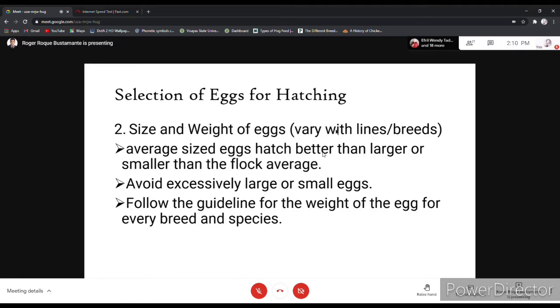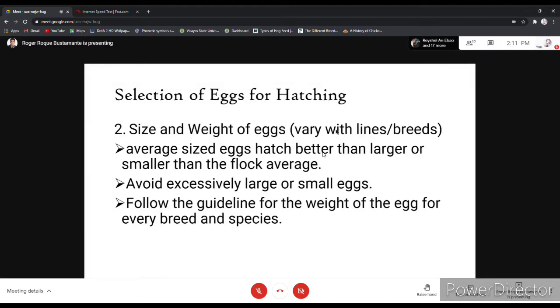So also, if you select eggs to put in your incubator, they should be standard sizes, the size should be uniform. It will also help you maximize the capacity of your incubator, the carrying capacity of the area.